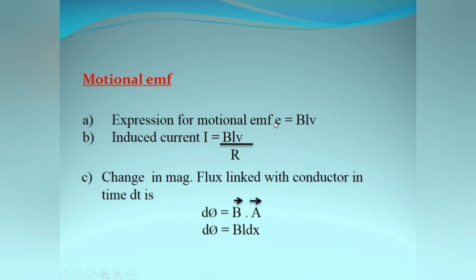E indicates induced EMF in that conducting rod, B is the intensity of the magnetic field, L is the length of the conducting rod, and V is its velocity. Because that conductor is moving with velocity V in the uniform magnetic field, the magnetic flux changes.